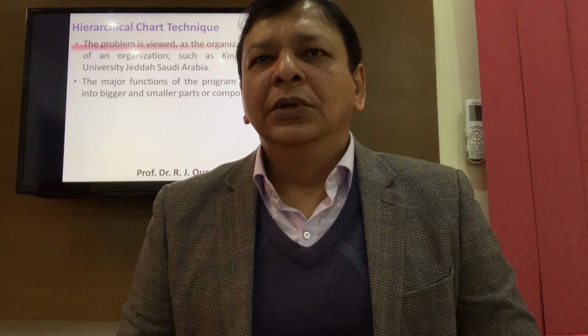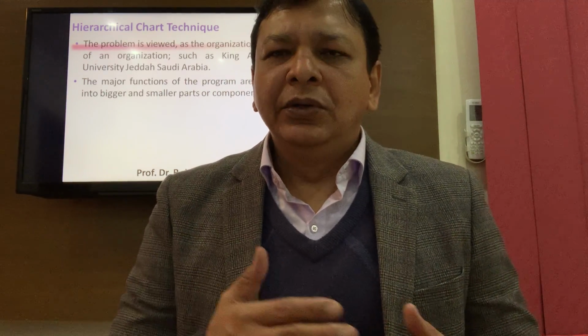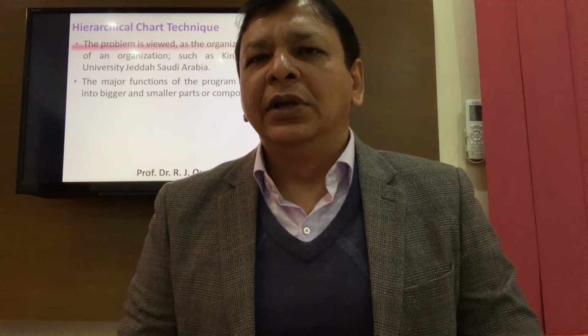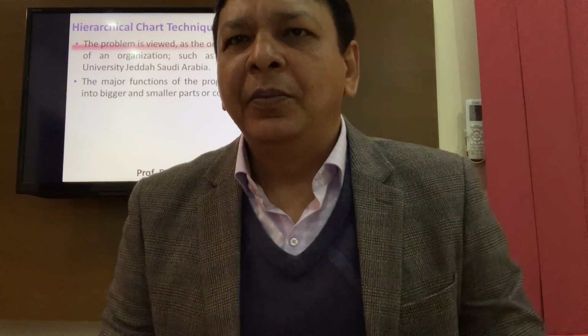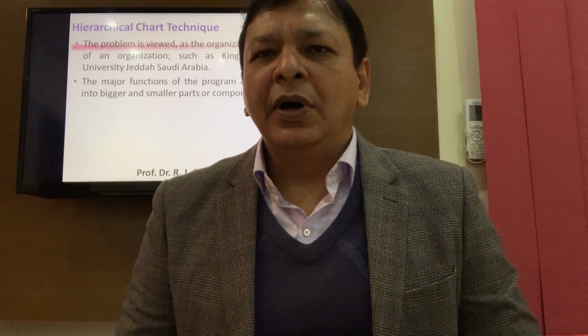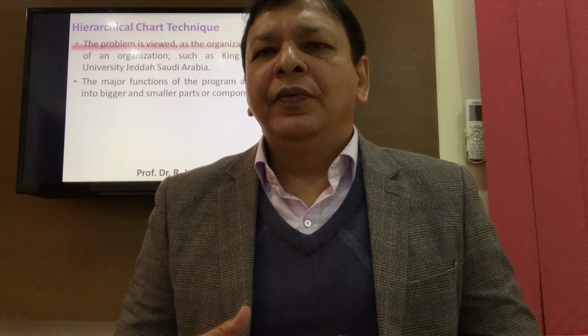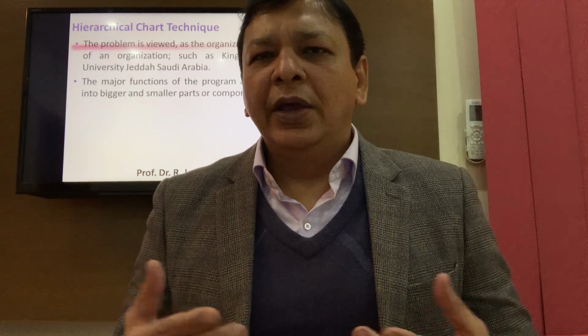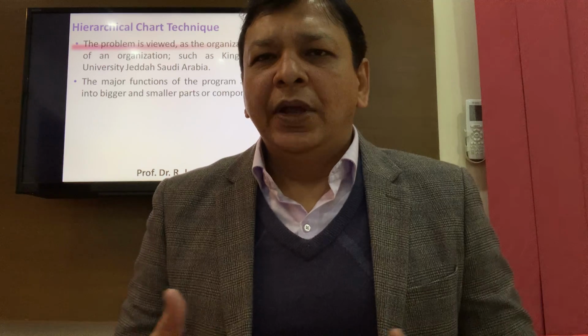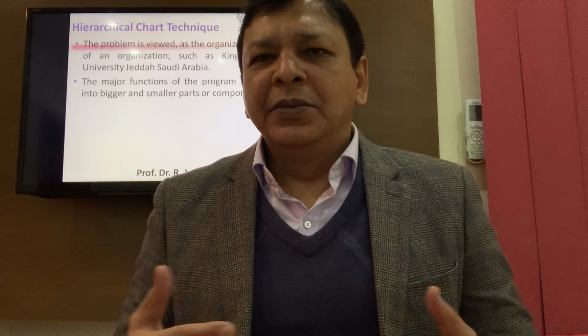So the problem is viewed from top to down, and we go to the most linear level where we cannot further divide the problem. If we take an example of hierarchy in terms of an organizational chart, like King Abdul Aziz University, we have president, and then we have vice presidents, and then we have dean, we have chairman, then faculty, we have administrative staff.